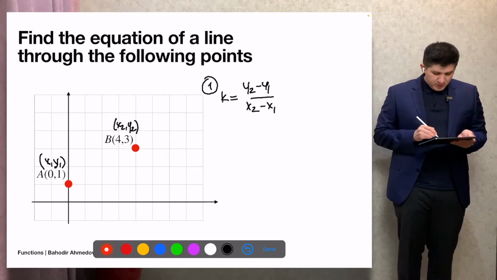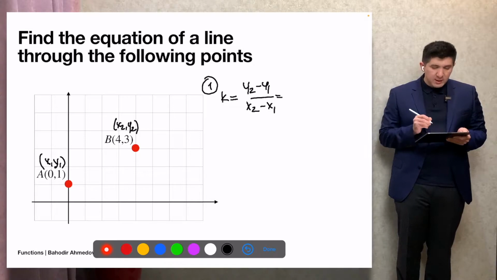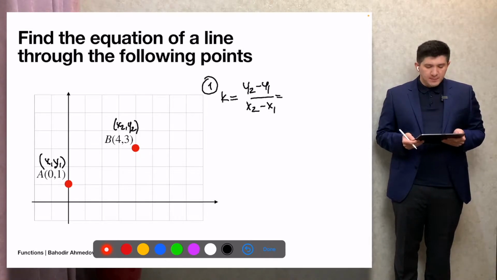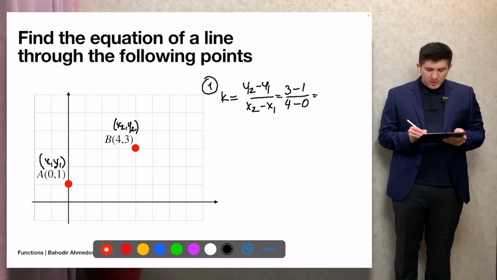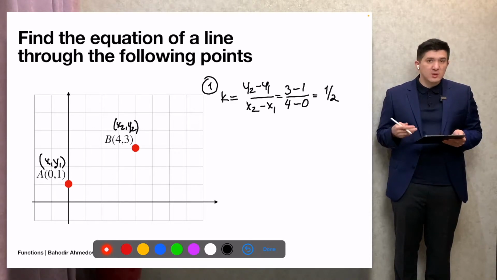We are going to put the values here and calculate the slope of this line. So y2 is 3, y1 is 1, divided by x2 is 4, x1 is 0. So it is going to be 1 over 2. The slope of this line is 1 over 2.